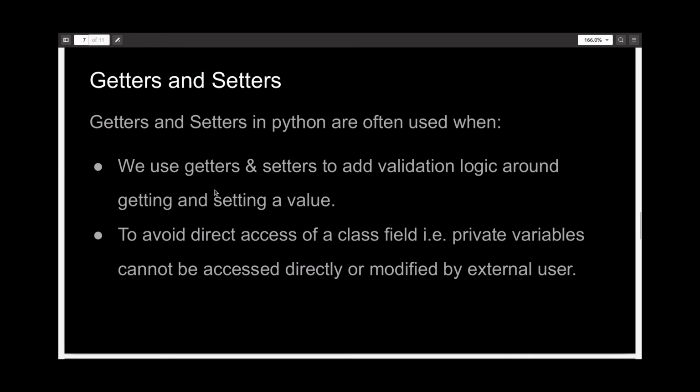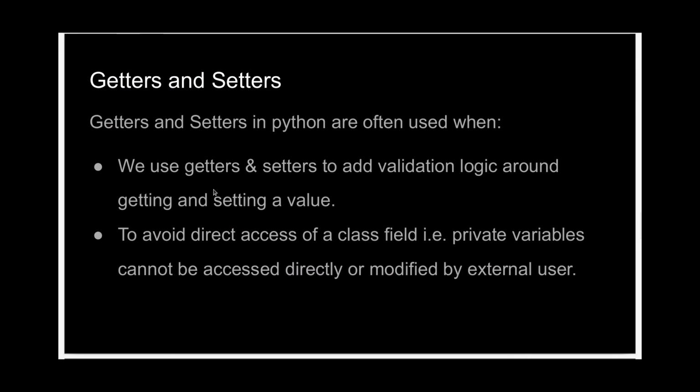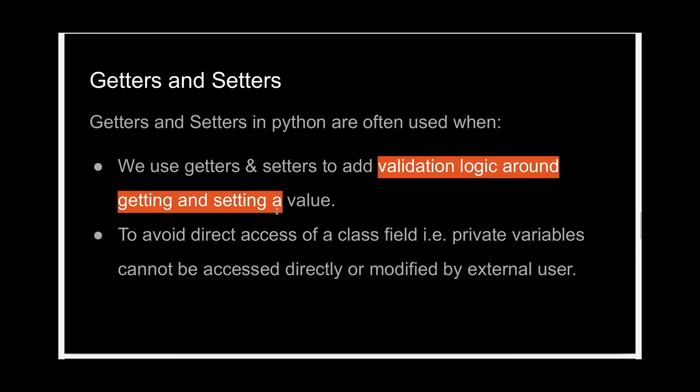Okay, moving on. Let's talk about getters and setters. Getters and setters in Python are often used when we want to add a validation logic around getting and setting a value inside a class. For example, a CGPA can't be greater than 10 or it can't be negative. So we can add that check with a getter and using a setter.